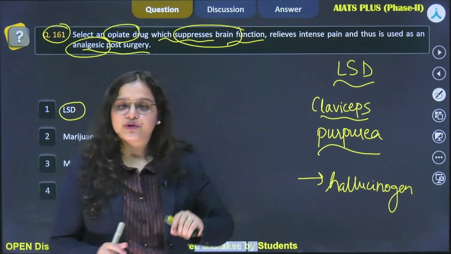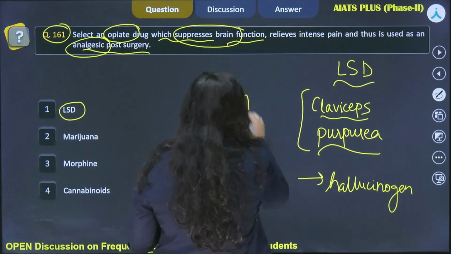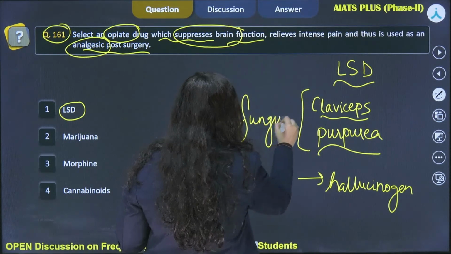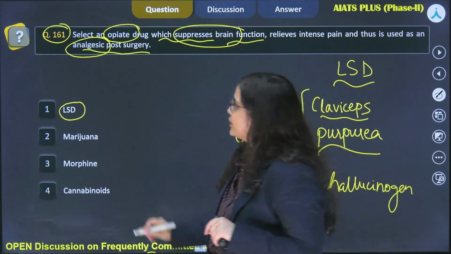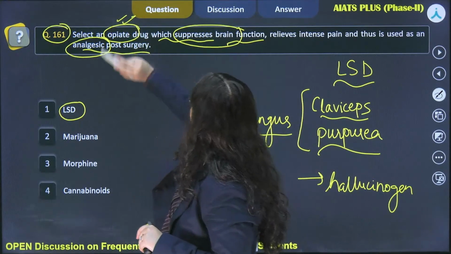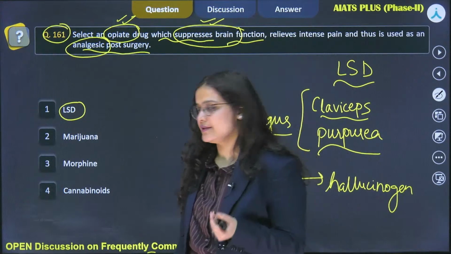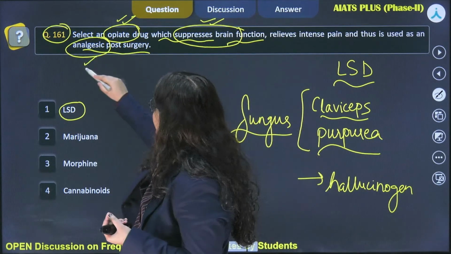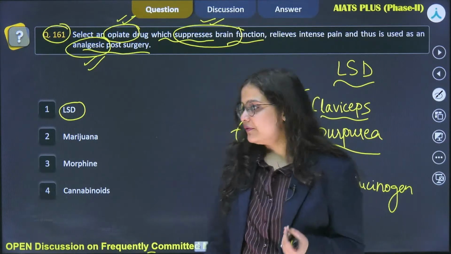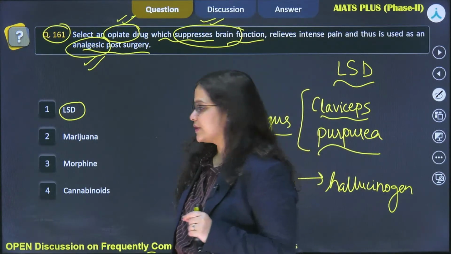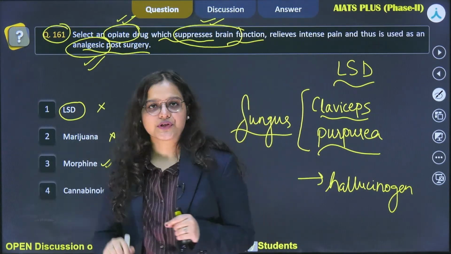And LSD is produced from the fruiting body of a fungus, which is Claviceps purpurea. All right. So in the question, since we have already discussed that we are looking for an opiate which will suppress the brain, as morphine can act as a depressant, and it is an analgesic. Analgesic means it is a pain reliever. So the answer here that we are looking for is morphine, and we will eliminate the other options.